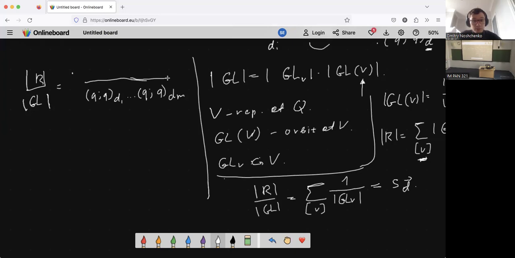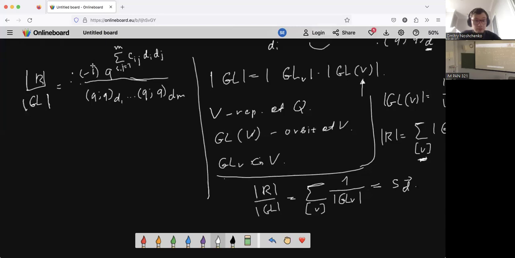So in the denominator we have the product of q-Pochhammers, and in the numerator we have q to the exponent, the sum of c_ij d_i d_j. And we also have some piece which comes from the size of GL. So there is some minus sign, and there is some q to some quadratic power.